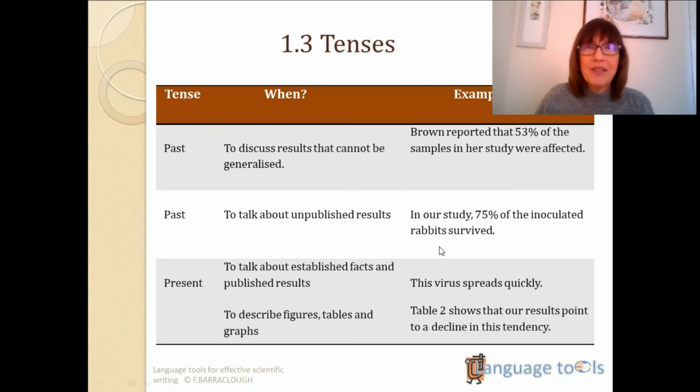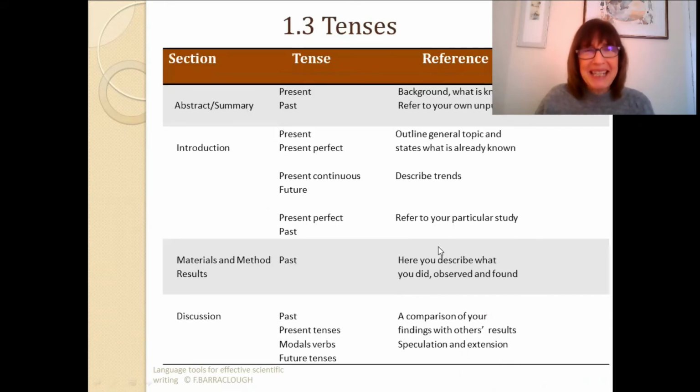Then, what else related to the tenses? Here we go by section. So the abstract, the summary, we have said that we will use the present to provide the background of what is known, the established facts, and the past to refer to our own study.